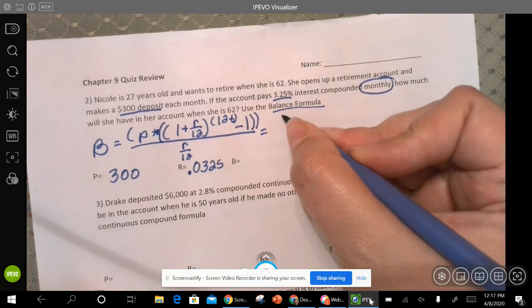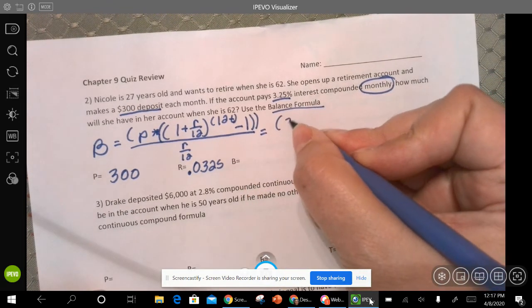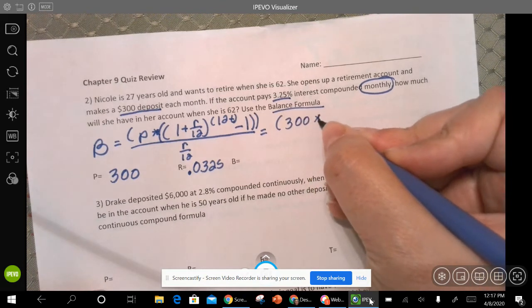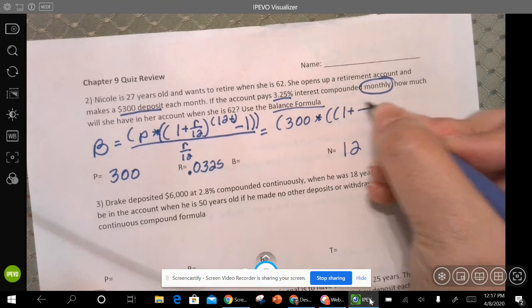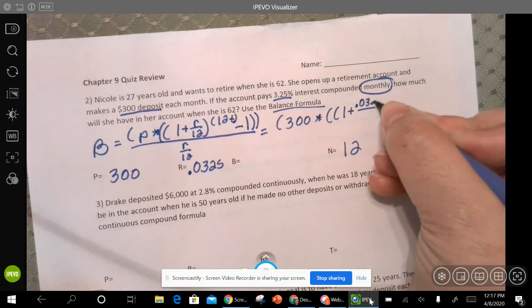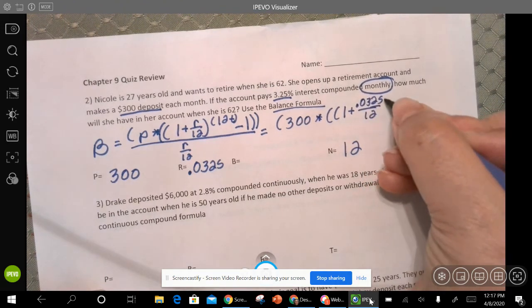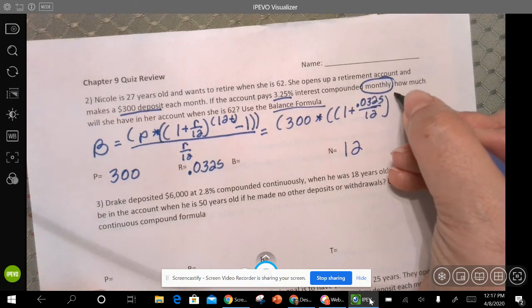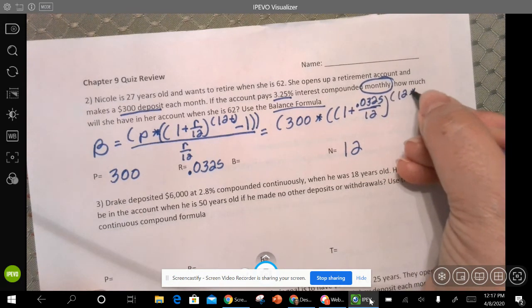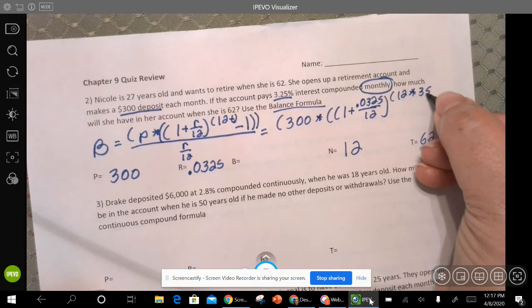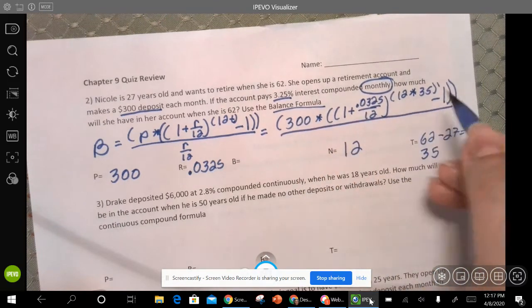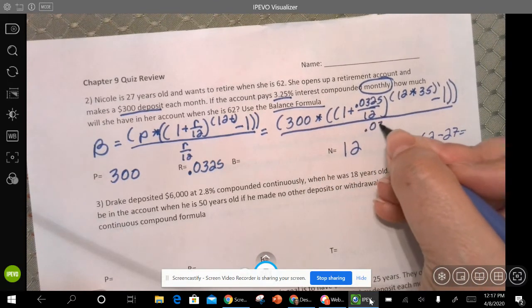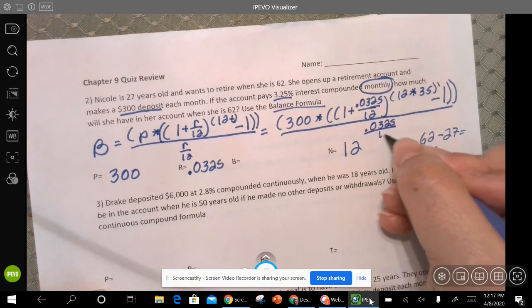So this is where everybody is going to use Decimals to put it in. So 300 times, you do have to do the double parentheses, 1 plus the rate, 0.0325 divided by 12, then it's going to be raised to the 12 times 35, minus 1. Remember to scroll left and do the minus 1. Double parentheses all over the rate, 0.0325 divided by 12.